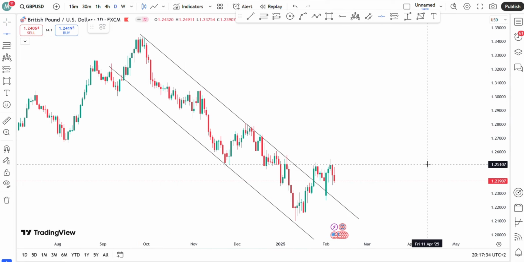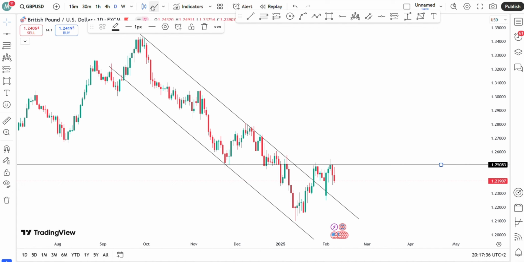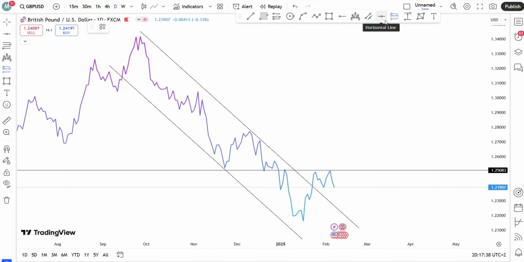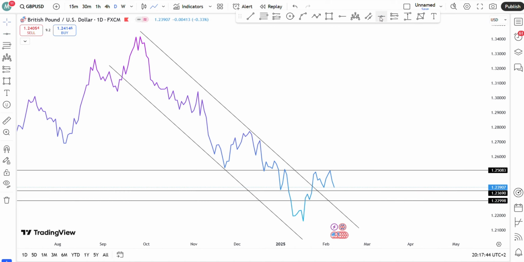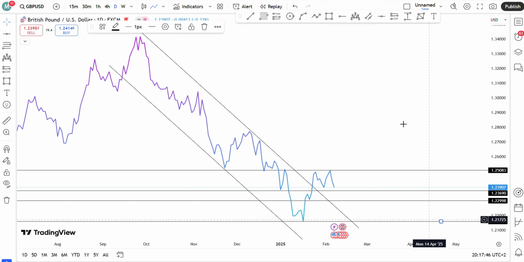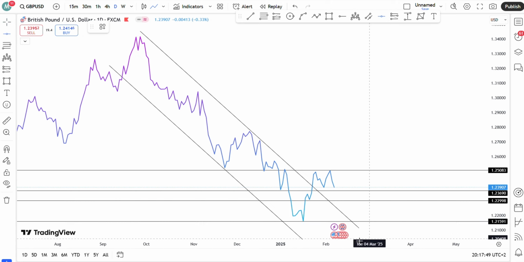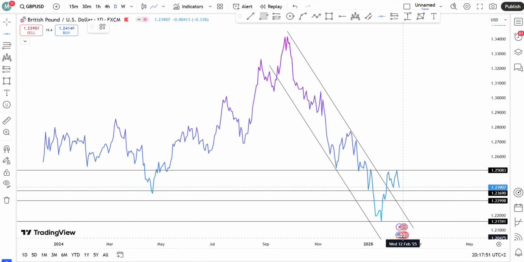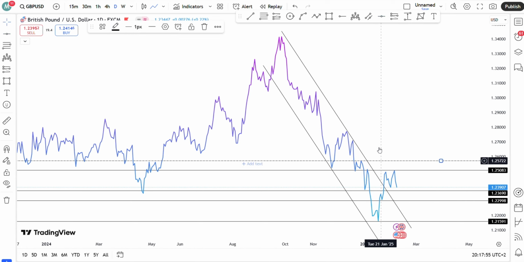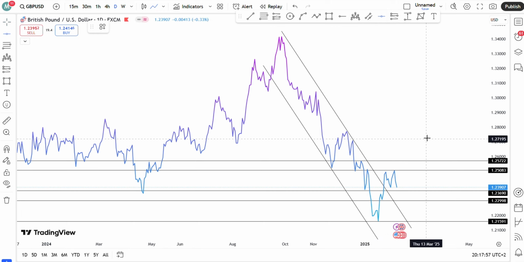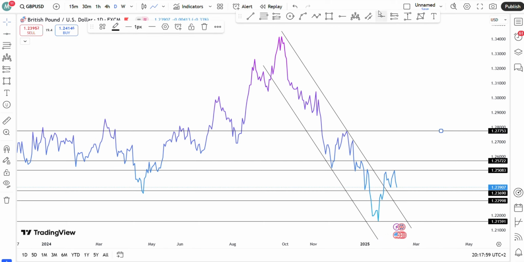Okay, let's also try to mark out all sensitive zones. So we'll turn our line charts on, then we'll start to mark out all sensitive areas. You understand? Let's zoom out and mark out all these chart levels.